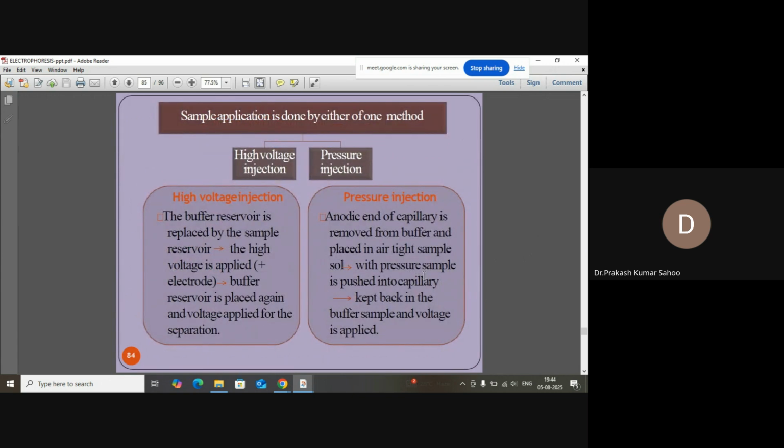Then sample application is done by one of two methods, high voltage injection or pressure injection. So the buffer reservoir is replaced by the sample reservoir, high voltage is applied, the buffer reservoir is placed again, and voltage is applied for the separation.